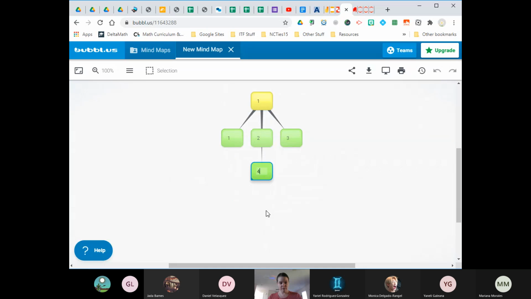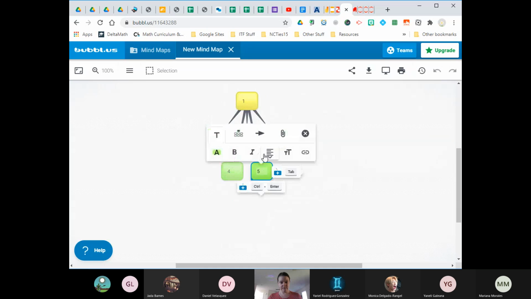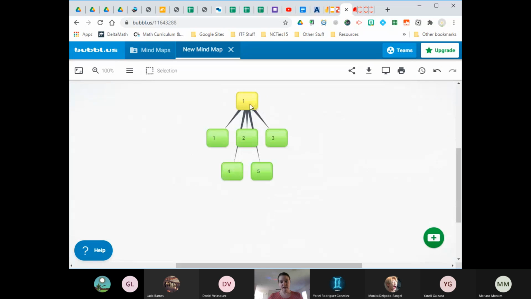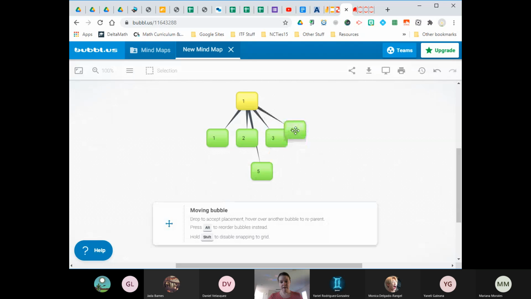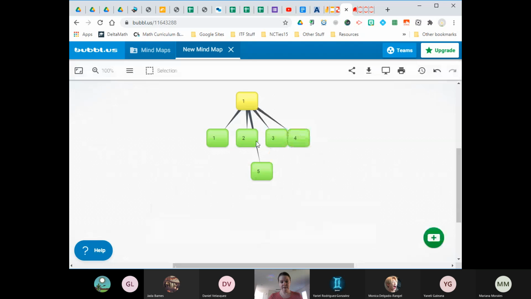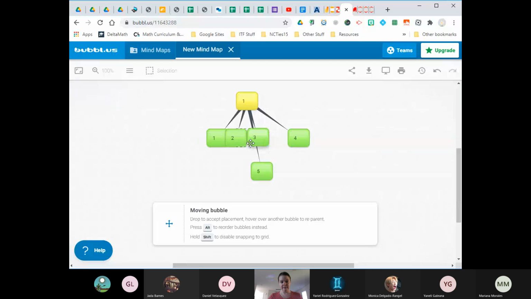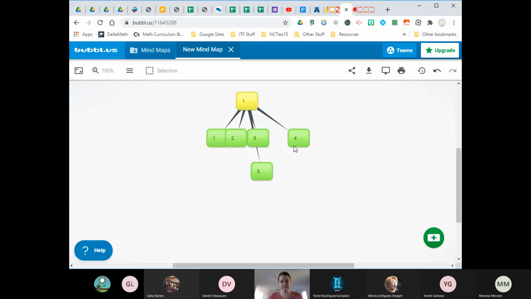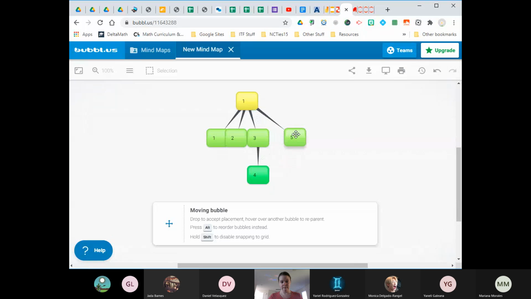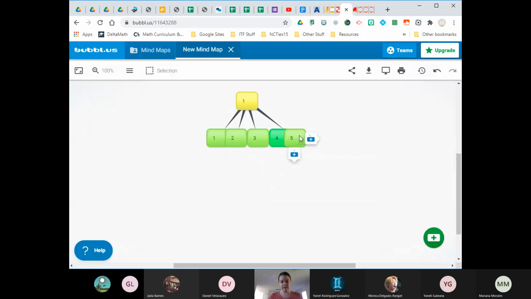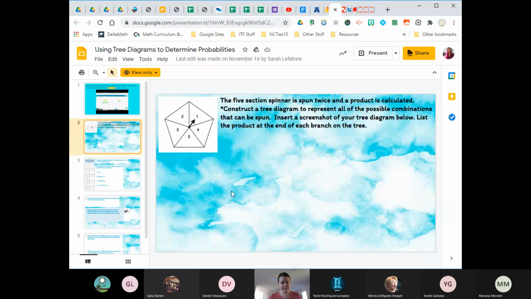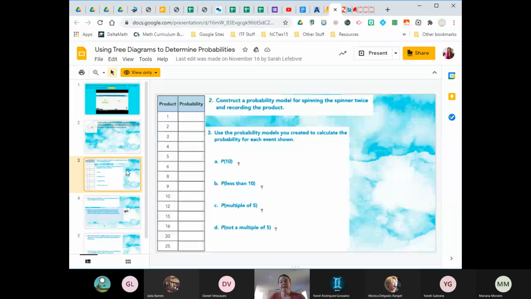So coming off of my 1 are all of the options that I could get on my second spin. And then you're going to do the same thing for 2, 3, 4, and 5. And then take a screenshot and paste it here.